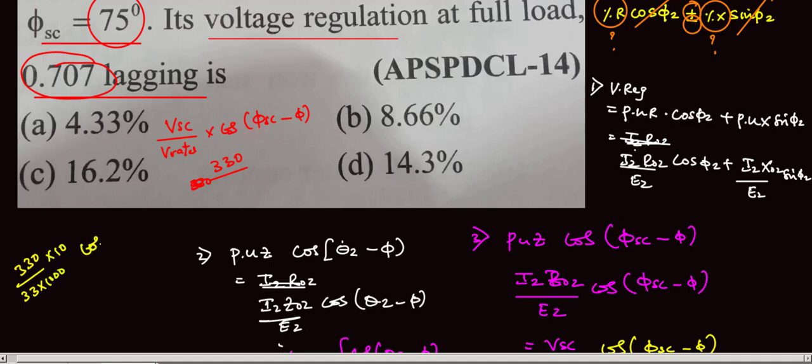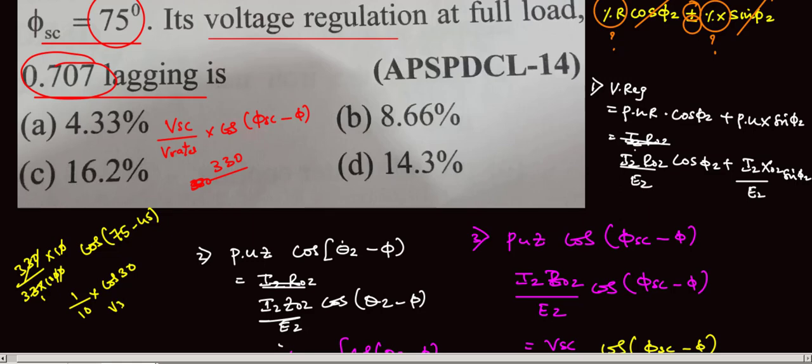What is phi SC? 75. The power factor angle: 0.707 is cos 45. Cancelling the tens, you get 1 by 10 into cos 30.